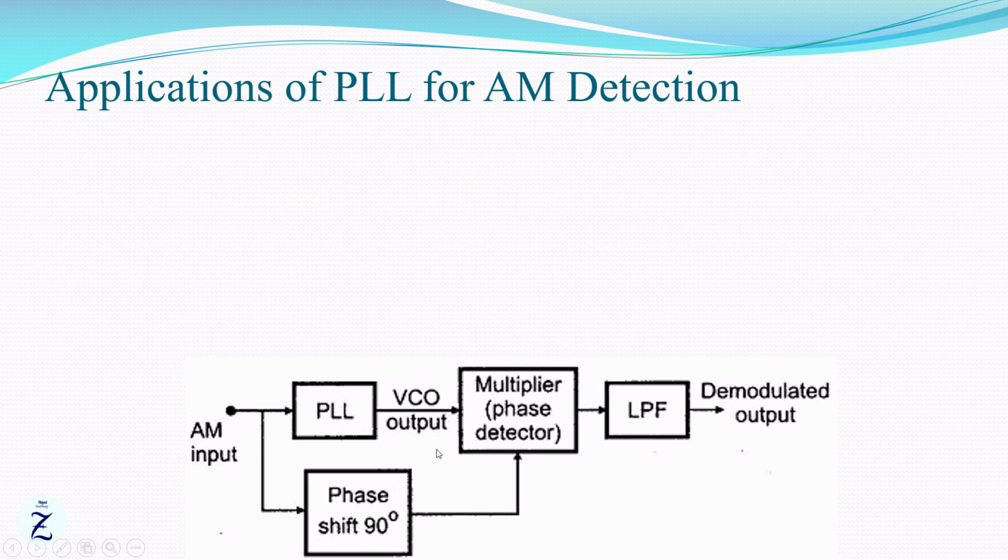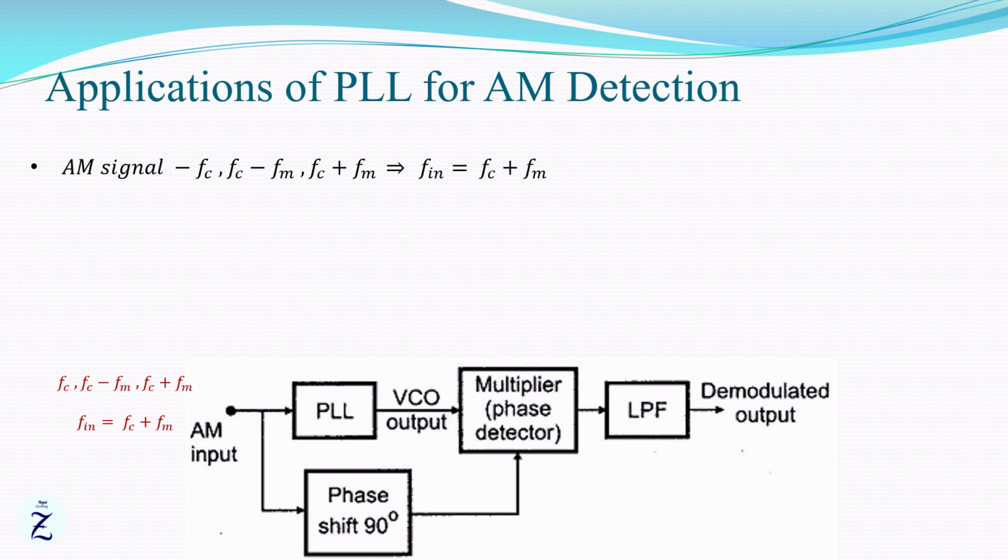Here, the modulated signal will contain the frequencies f_c, f_c plus f_m and f_c minus f_m, and assume this AM signal is a suppressed carrier signal, hence the signal will only have f_c plus f_m and f_c minus f_m. For simplicity, consider only one signal. Let's assume f_in is equal to f_c plus f_m.